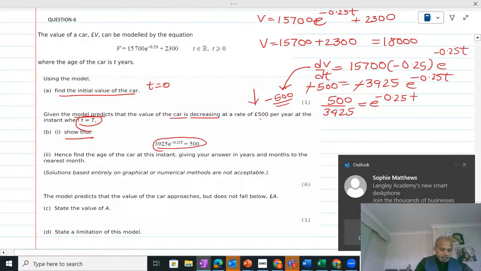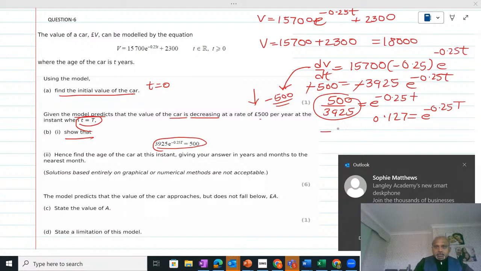Okay, is that fine? So if you simplify this, it should be 0.127 equal to e to the power minus 0.25T.